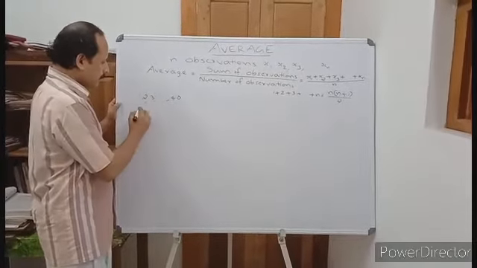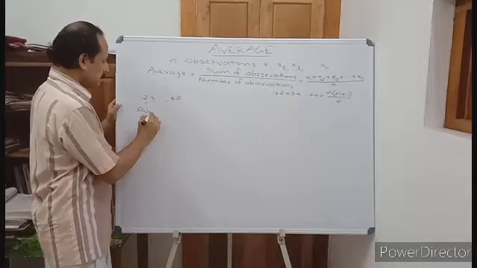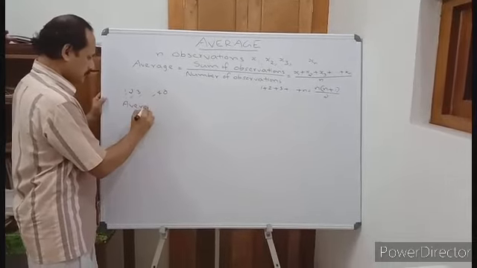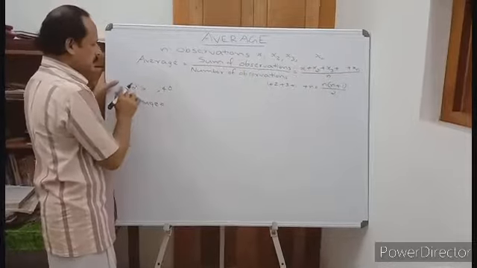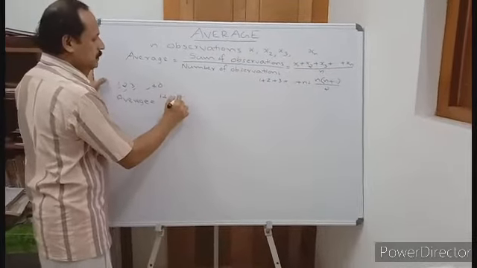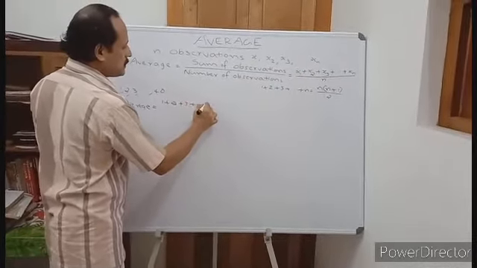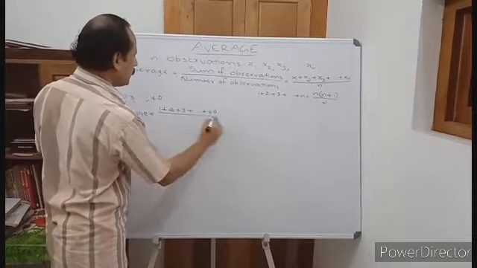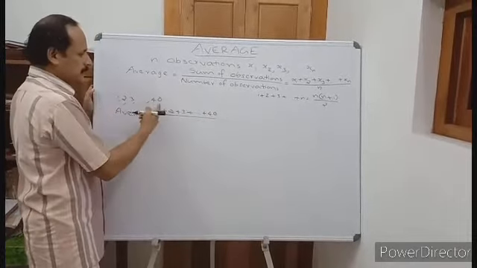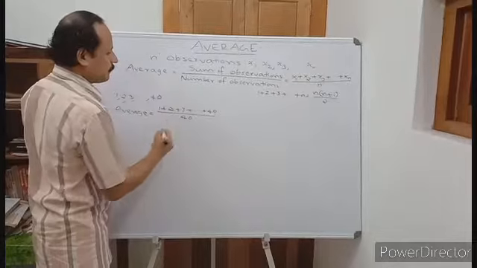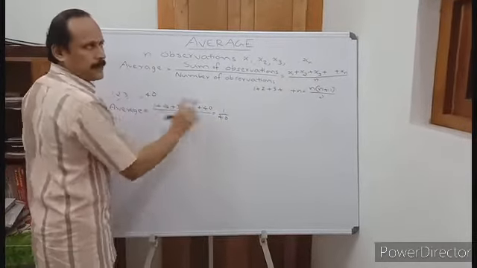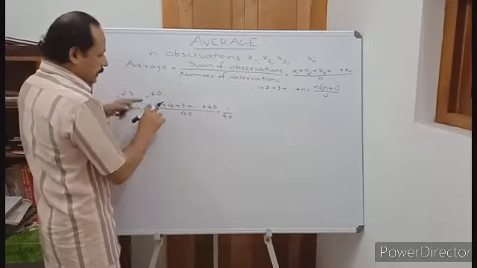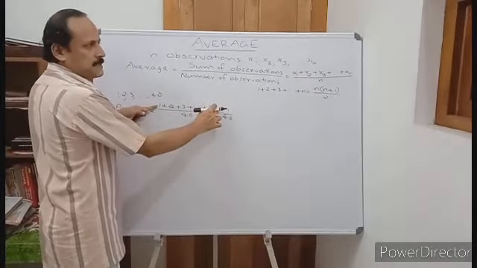Their average equals the sum of observations, that is 1 plus 2 plus 3 plus etc. plus 40, all divided by the number of observations, 40, and this is 1 by 40 into the sum of the first 40 natural numbers.